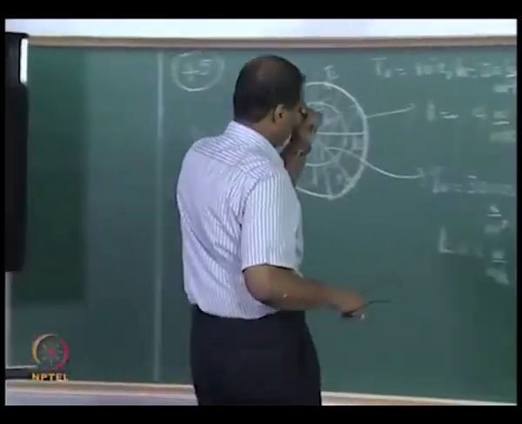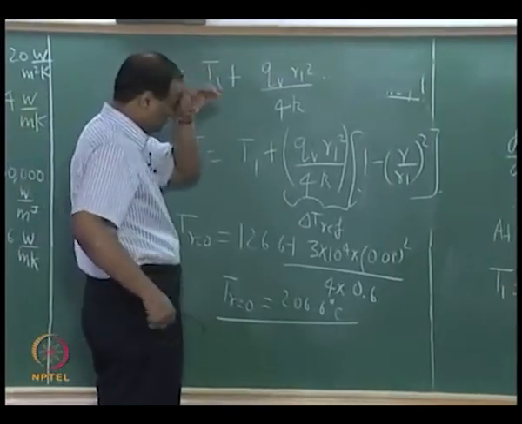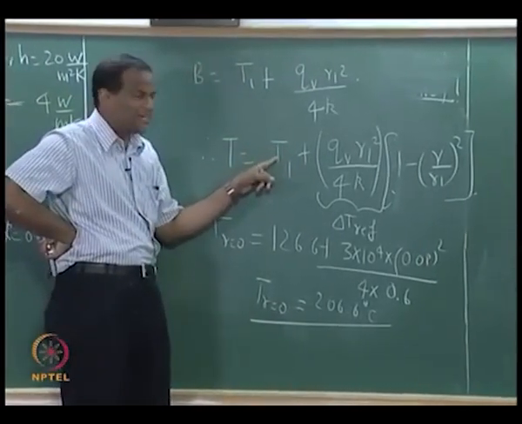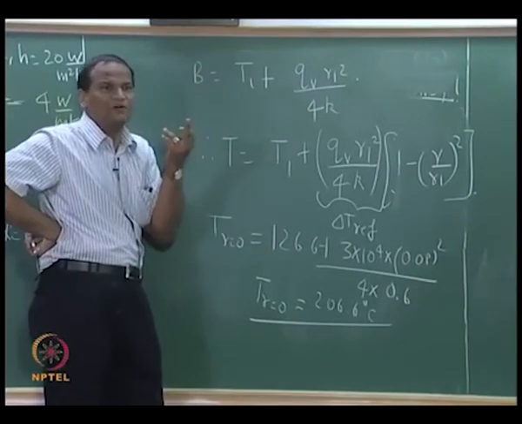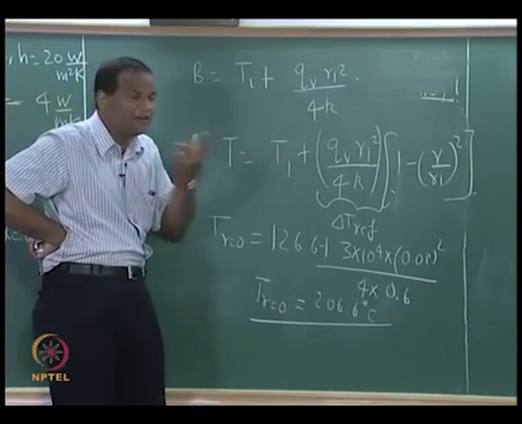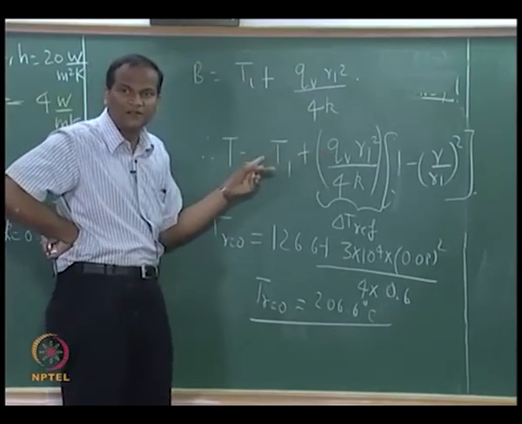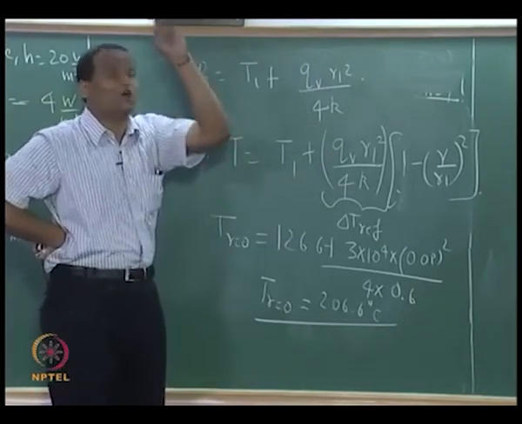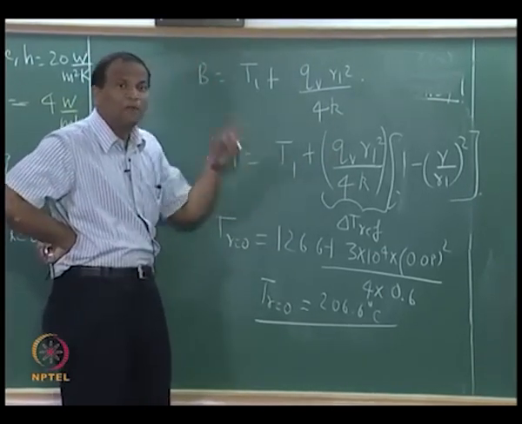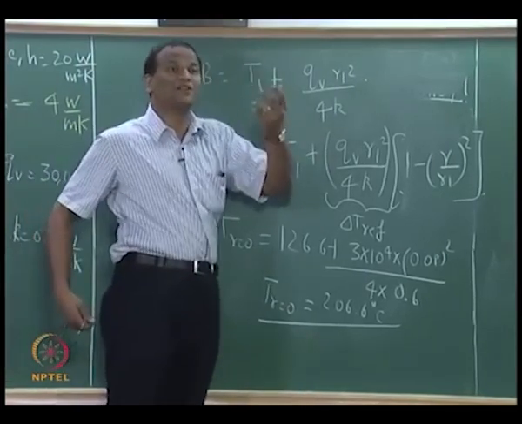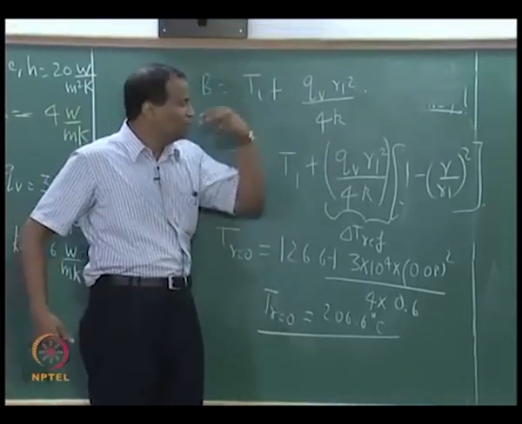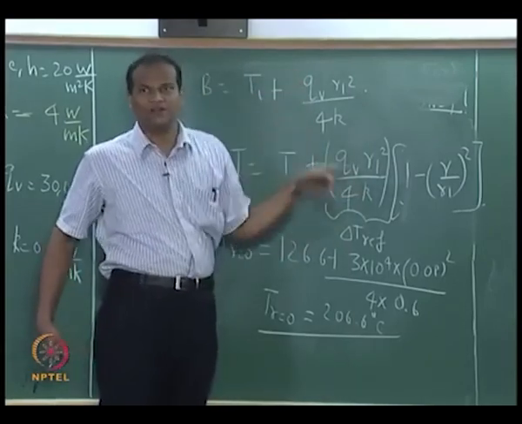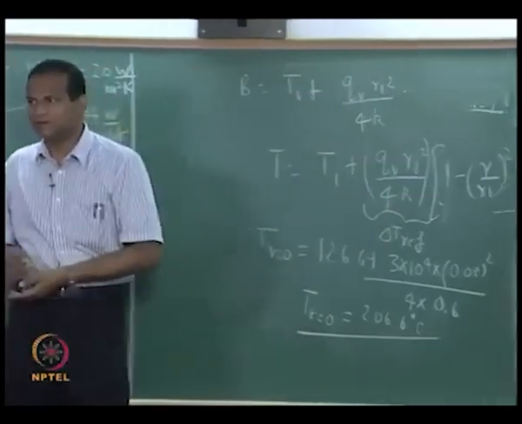So if you recall, please look at the board, this T1 was decided by the ability of the outside heat transfer coefficient to take away the heat which is generated by the nuclear reaction. But this temperature rise depends on how much heat is carried away by convection, and how much temperature rise is caused because of the finiteness of the thermal conductivity of the nuclear heat generating material.